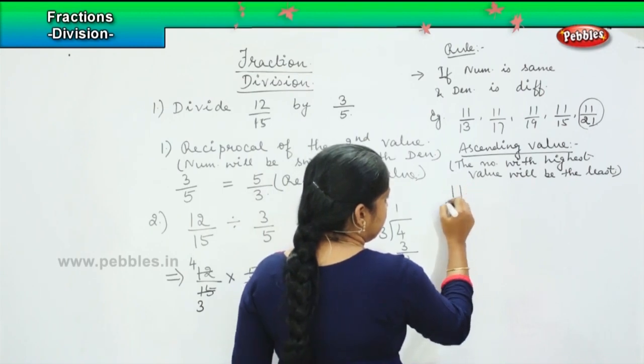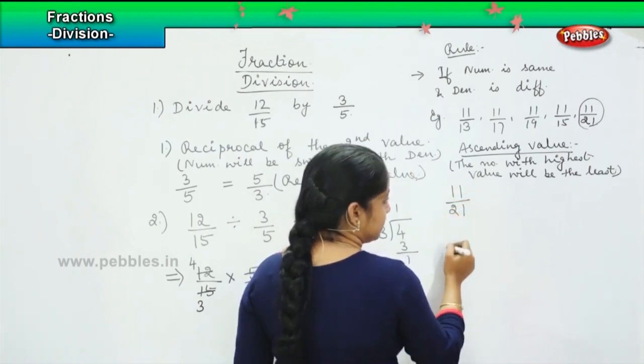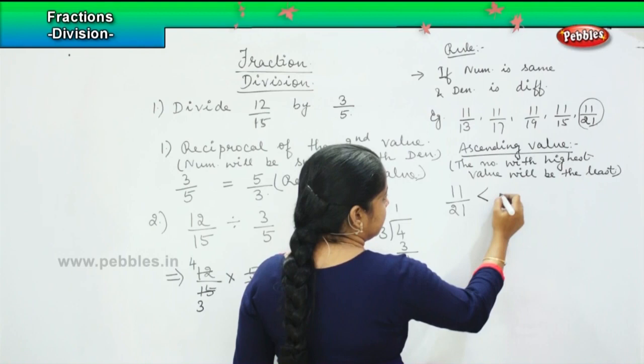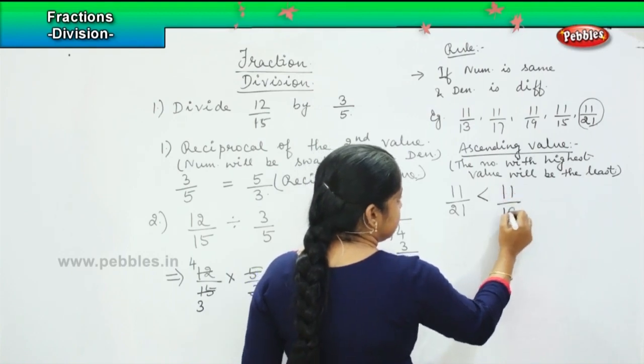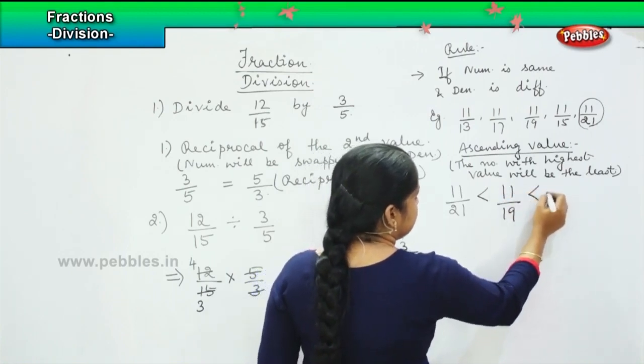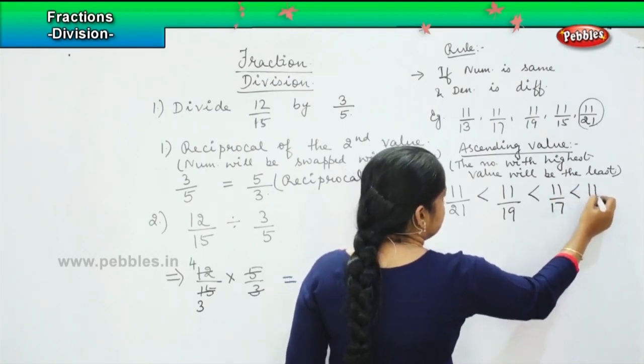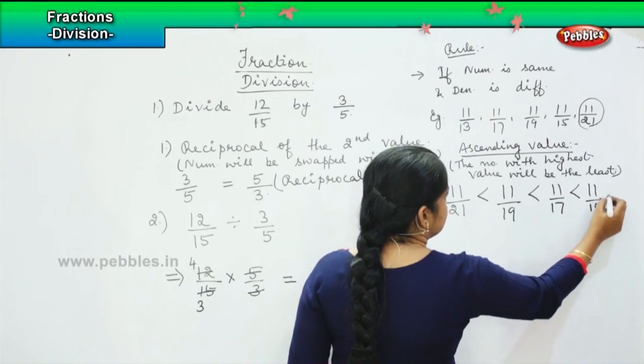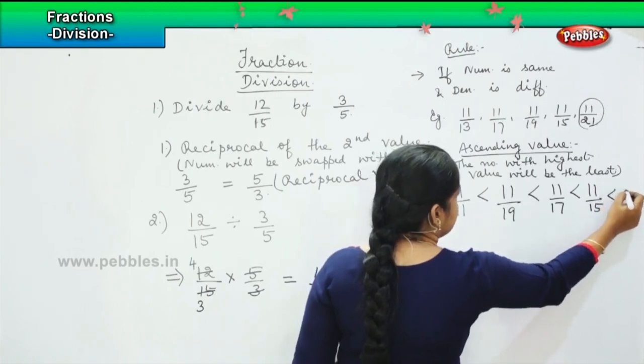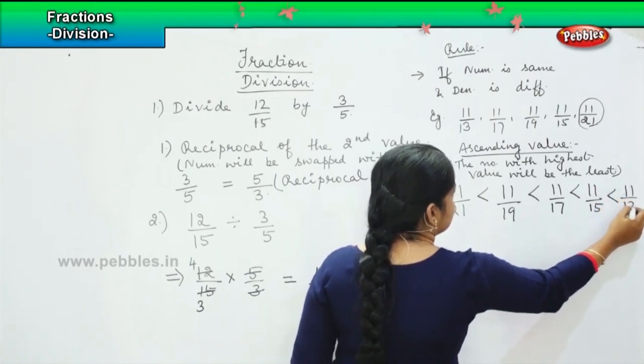So, it will be 11 by 21 is lesser than 11 by 19 is lesser than 11 by 17 is lesser than 11 by 15 is lesser than 11 by 13.